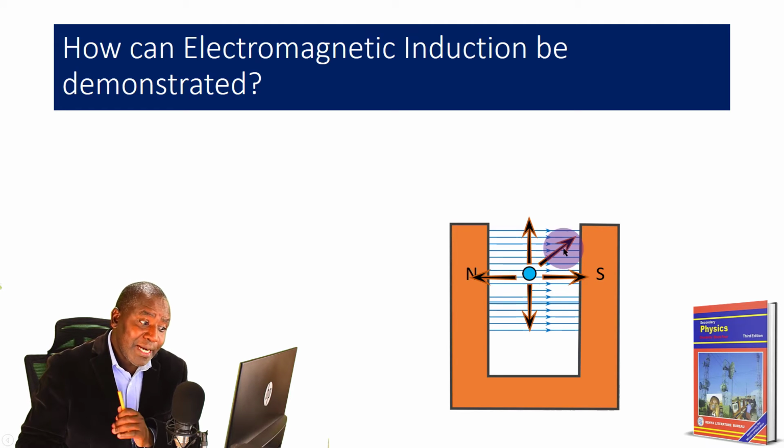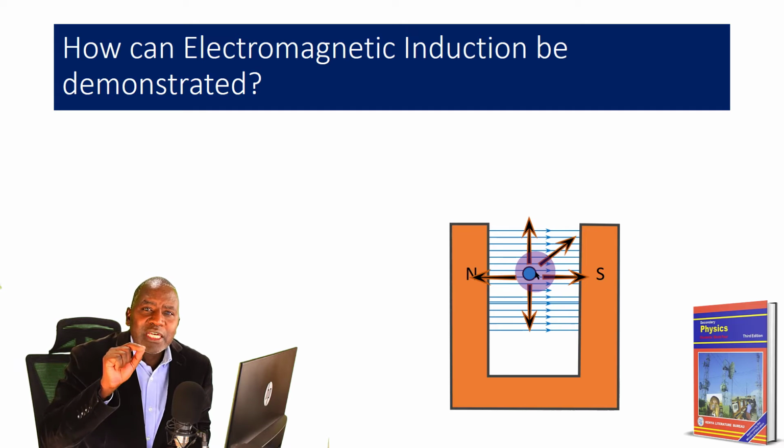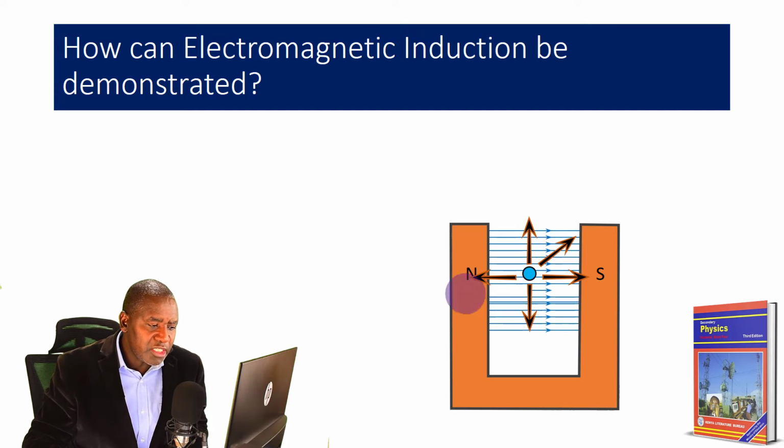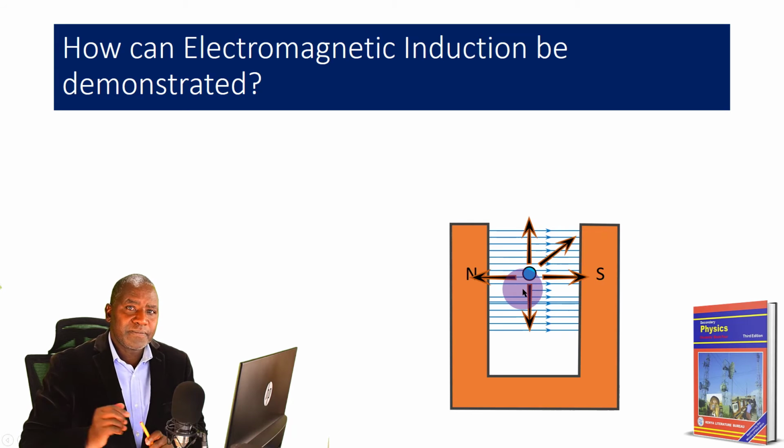When the conductor cuts the magnetic field lines, we say there is magnetic flux linkage. So the condition that must be fulfilled for an EMF to be induced in this conductor is that there must be relative motion between the conductor and the magnet, and that the conductor must cut the magnetic field lines.